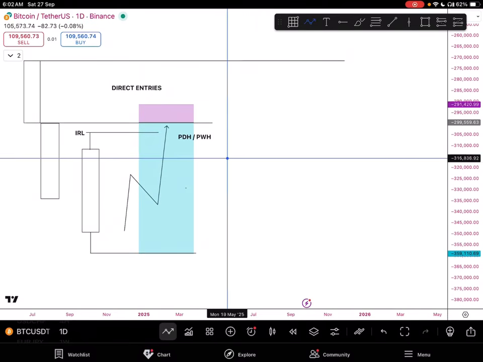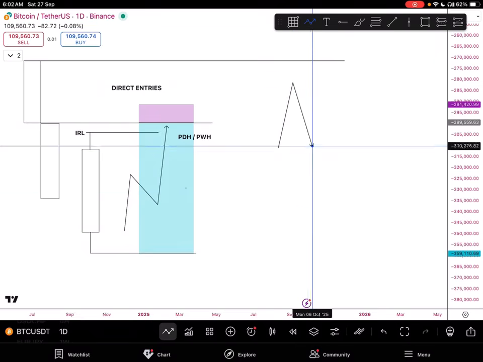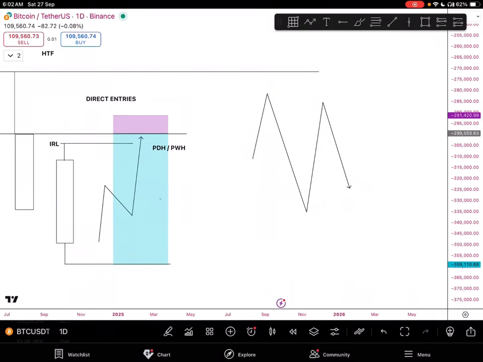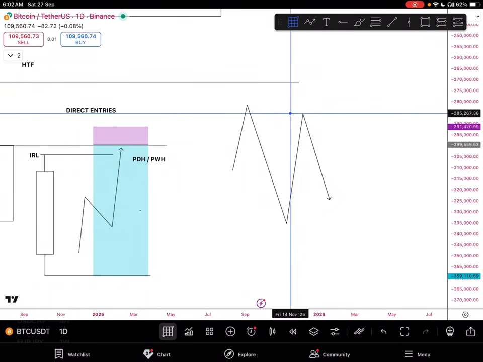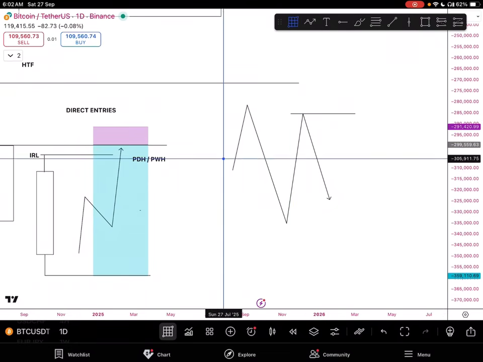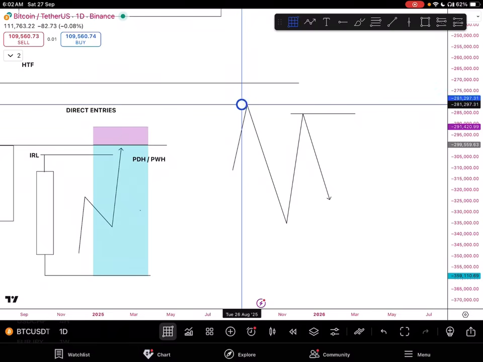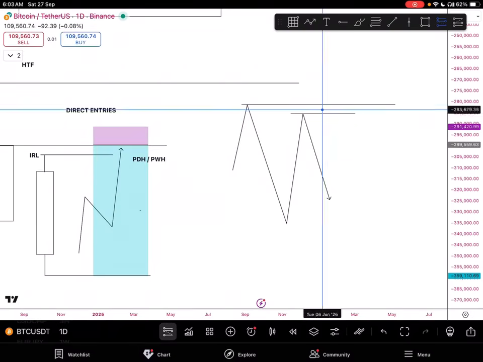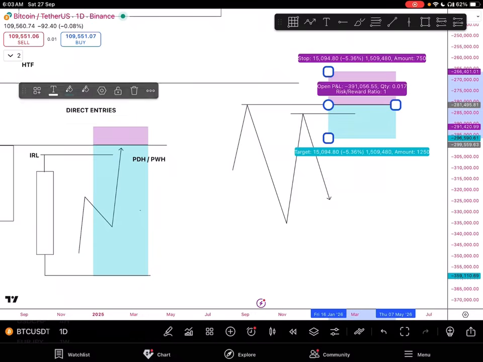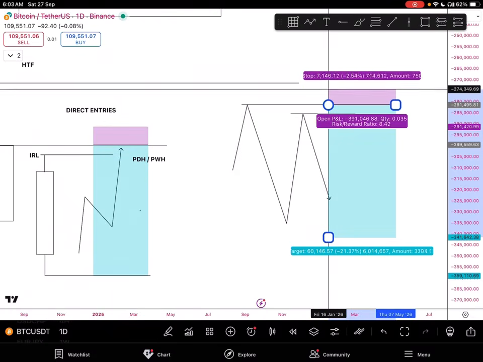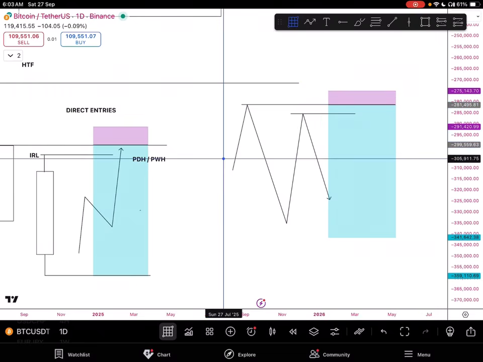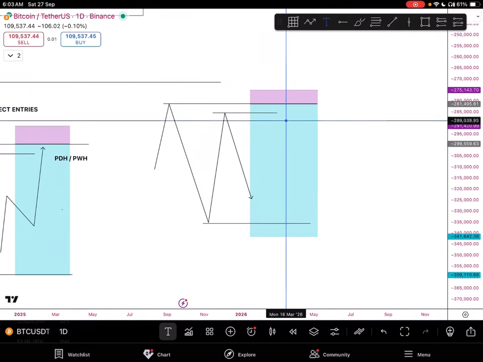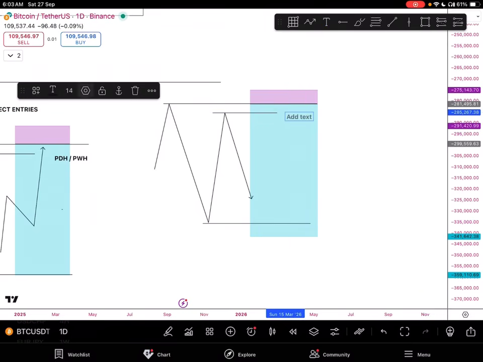And then, okay, we have liquidity here, we have the apex level here. So in this situation, I use my direct entry here, with a 20 pips stop loss. I will target this area. So this is called internal range liquidity.